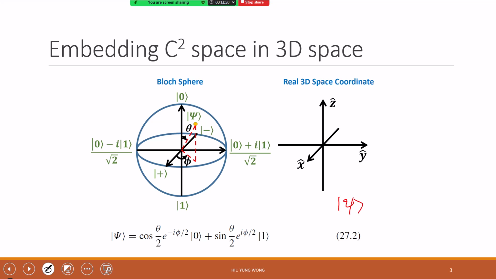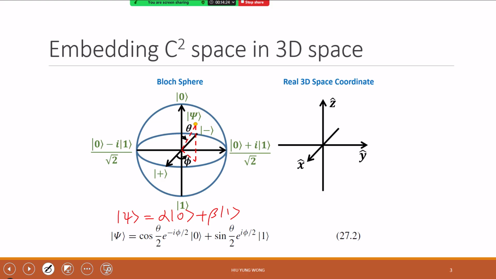You can have psi. Maybe I should just write here. Psi equals alpha 0 plus beta 1, right? And of course, alpha and beta are complex numbers. And then we say that we don't care about the global phase.